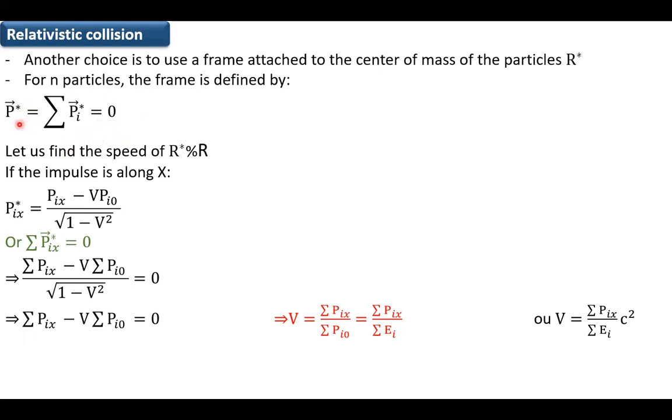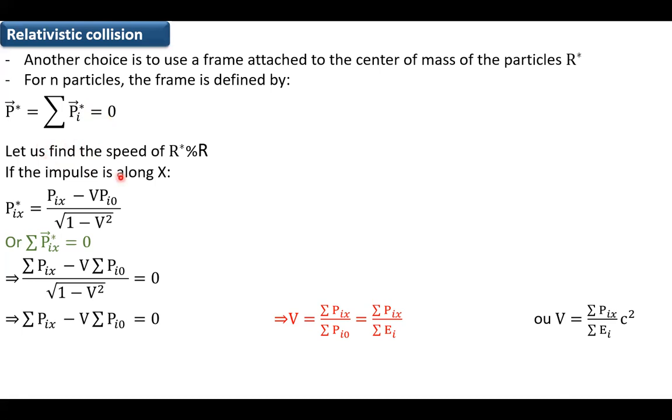So the sum of momentums is always equal to 0 in your frame R star. According to the center of mass, the sum of all momentums is always equal to 0. So the sum of Pi star is equal to 0 by definition of this frame of the center of mass.